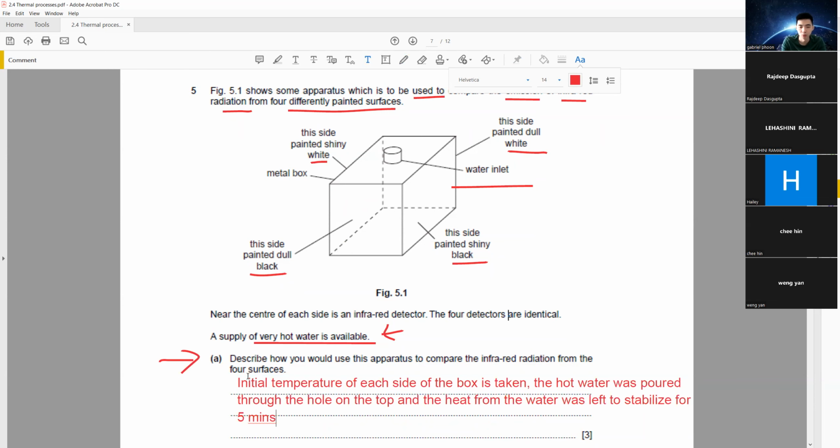So basically you pour the hot water in and then you wait 5 minutes. After the 5 minutes, the temperature was recorded on each side. Whichever, yet again, has the highest increase in temperature is the better emitter.